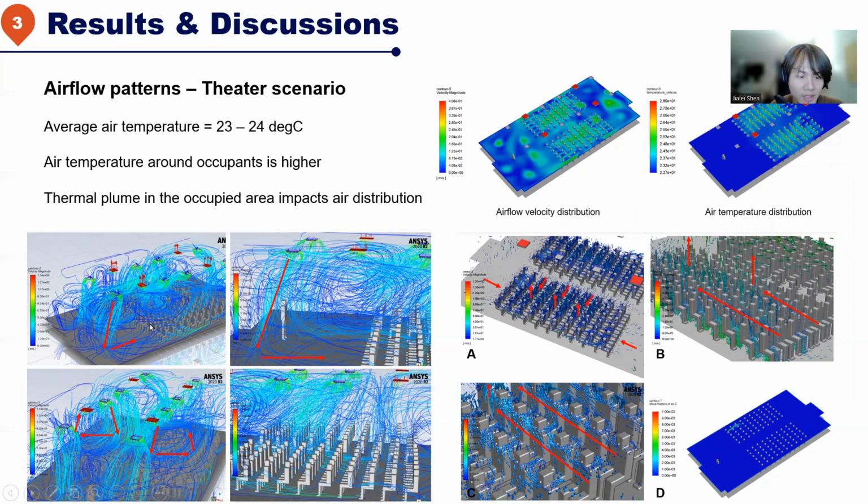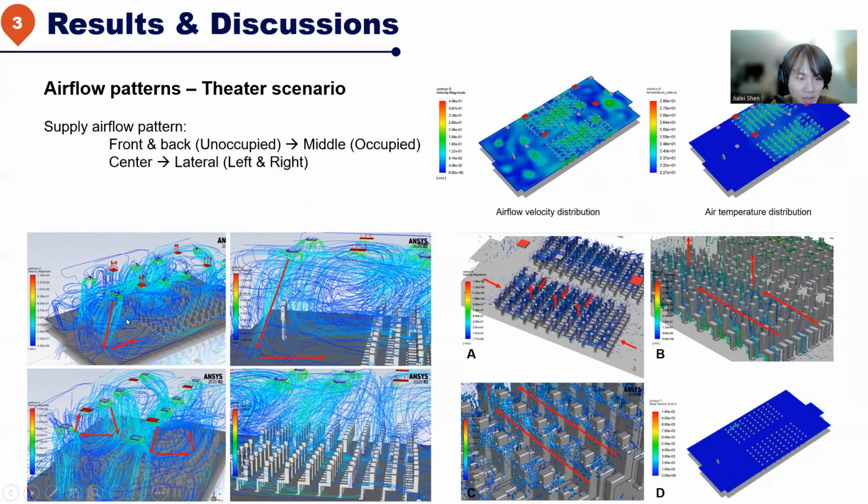We can tell from this diagram that the airflow pattern is from the front and the back to the middle of the space, which means from the unoccupied space to the occupied space. From another direction, we can also see the air flows from the center of the space to the lateral sides, either left or right.